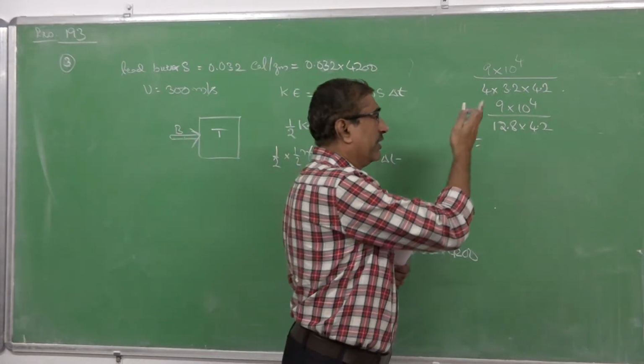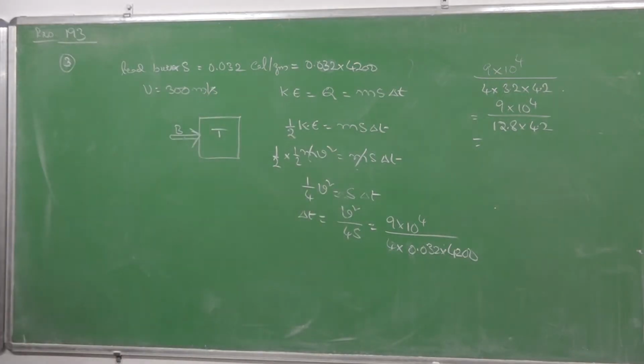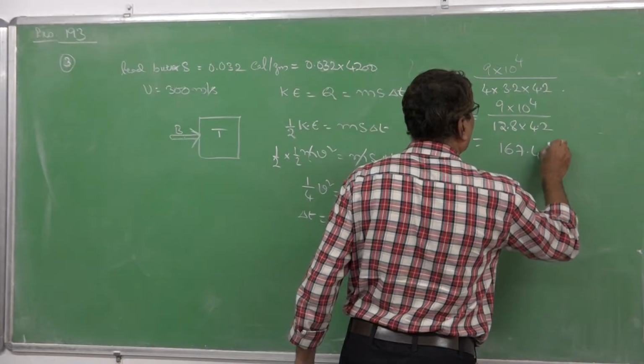So 9 by 50 into 10 to the power 4. Calculating, we will get the answer 167.4 degrees centigrade.